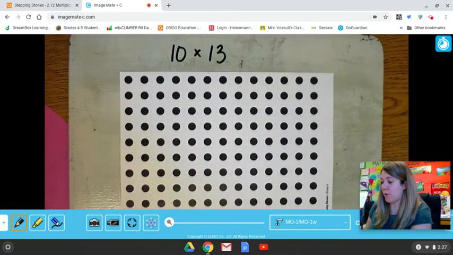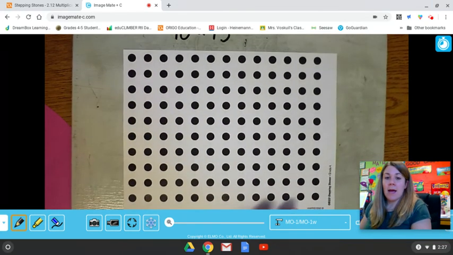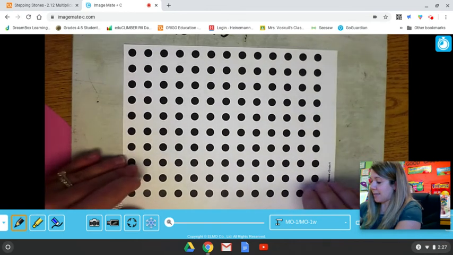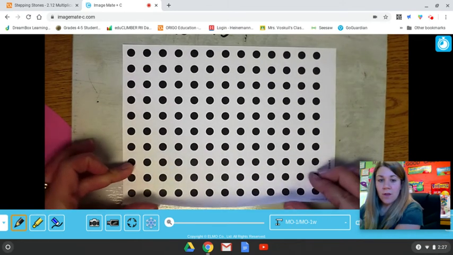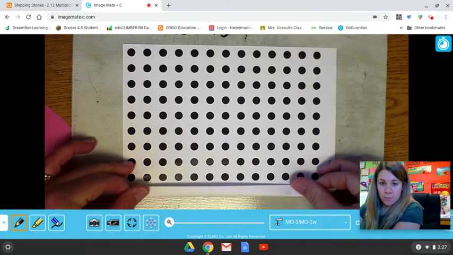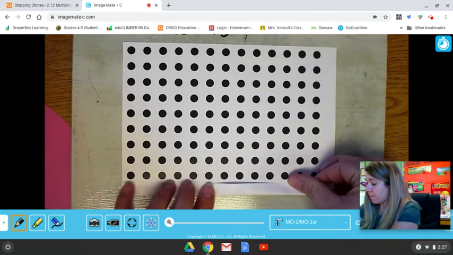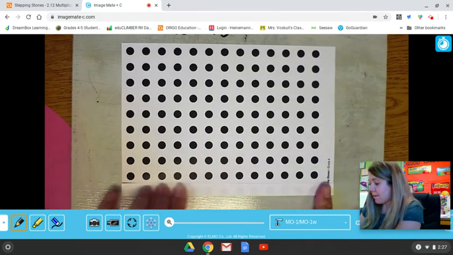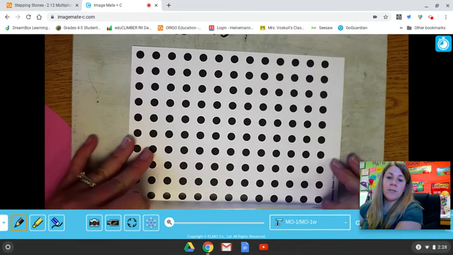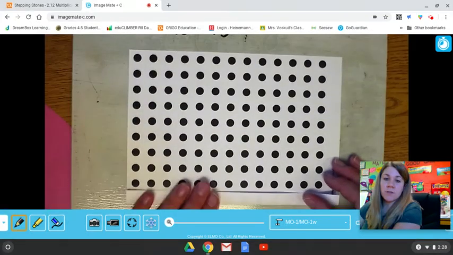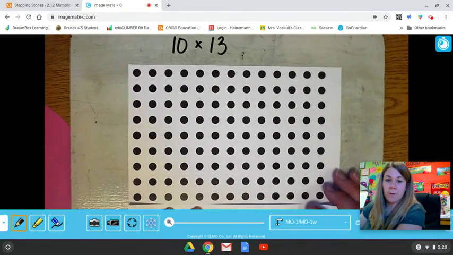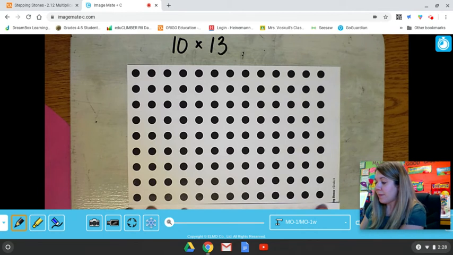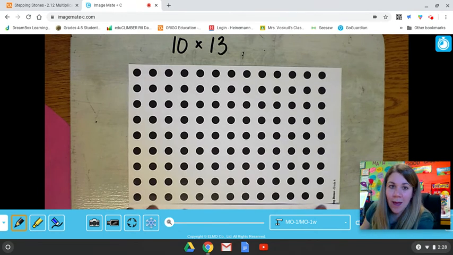10 times 13. Okay. I'm going to take this and I'm going to fold it so that one row gets covered up. There we go. So I can unfold it and you see that row, but I am going to have it be folded. All right. So now how many rows do I have?